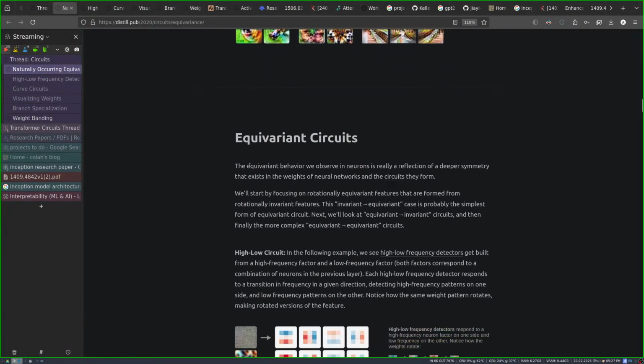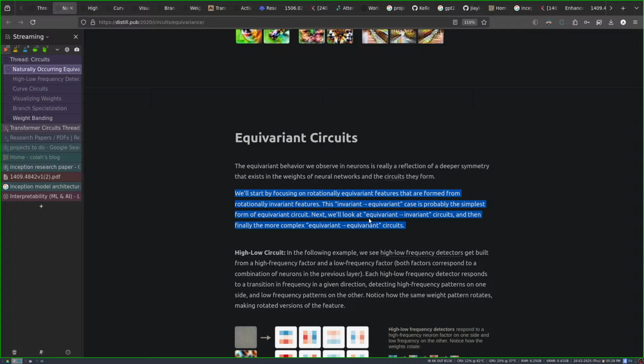Equivariant circuits. The equivariant behavior we observe in neurons is really a reflection of the deeper symmetry that exists in the weights of the neural networks and the circuits they form. We'll start by focusing on rotationally equivariant features that are formed from rotationally invariant features.